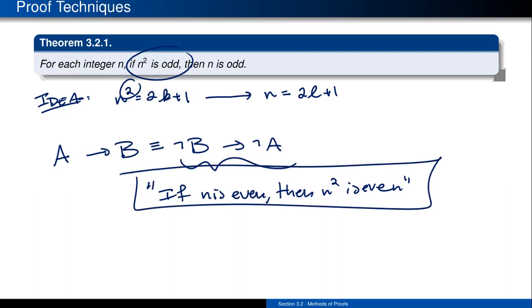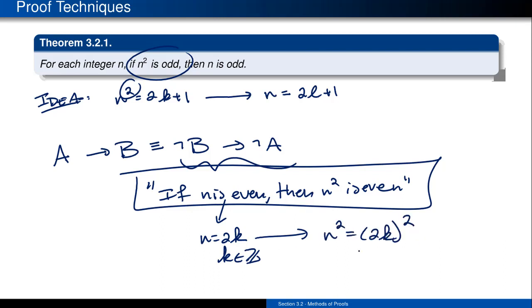This is actually a pretty easy statement to look at. If you start with something being even, so in this case n is going to look like 2k, then when you square this thing, you're not going to break anything in terms of this integer stuff. So right now it says n equals 2k, and this k is some random integer. When I square this expression, the 2k turns into 4k squared.